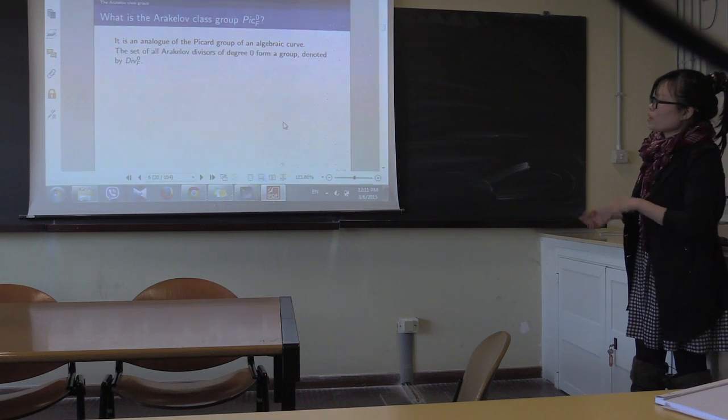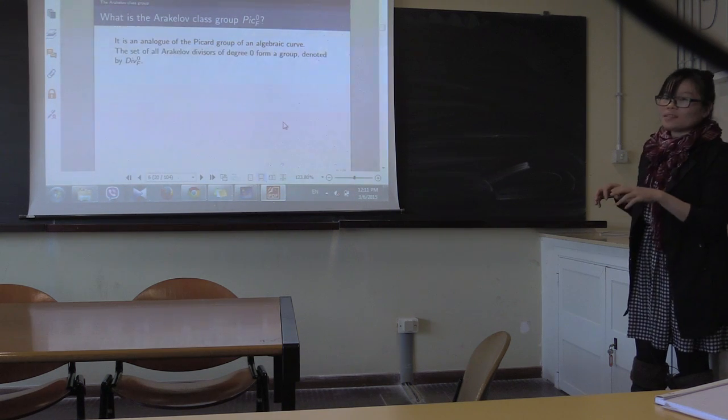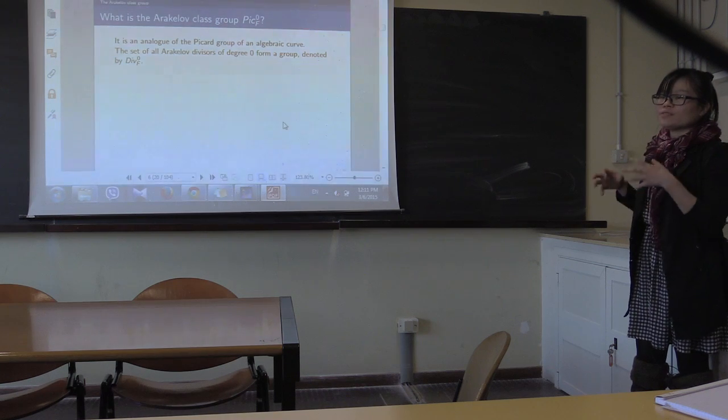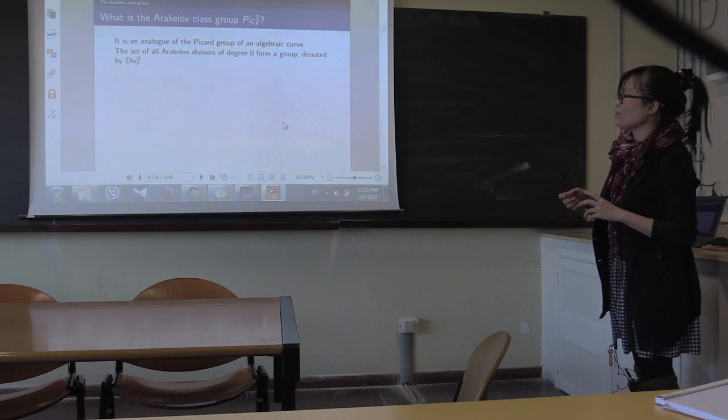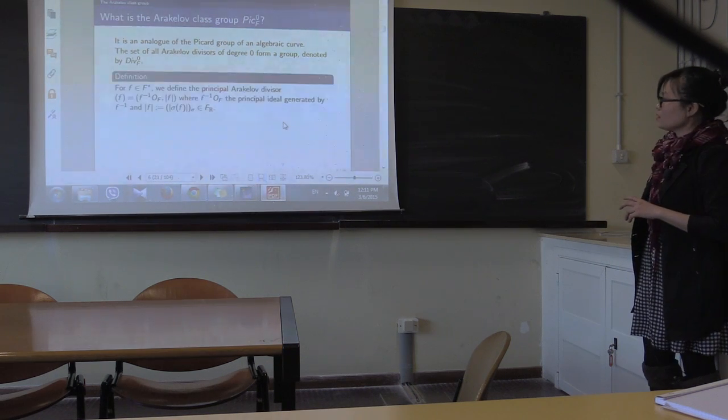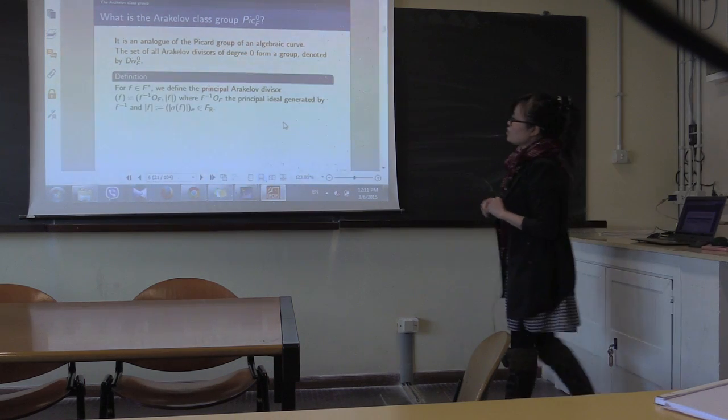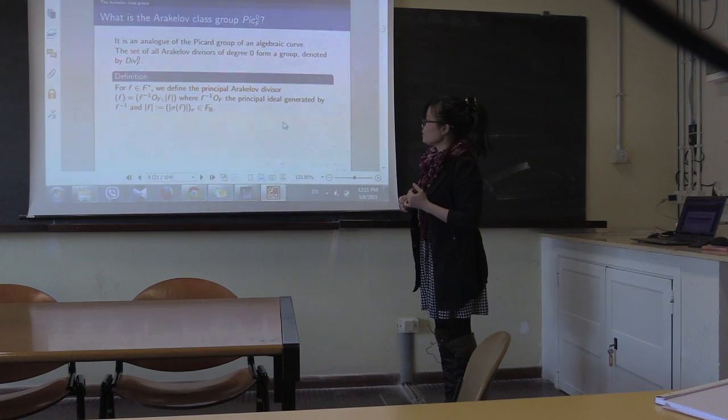First, we say that the set of all Arakelov divisors of degree 0 forms a group, which we denote by Div⁰(F). Then we define the principal Arakelov divisor as follows.